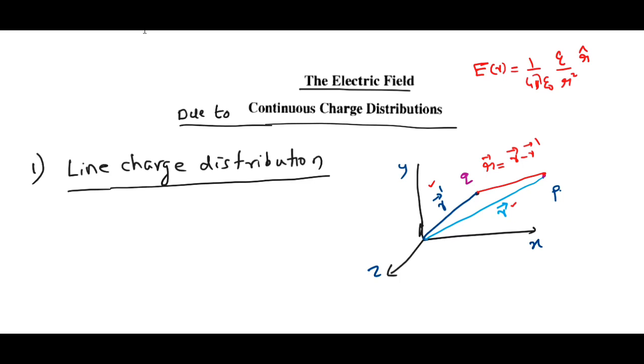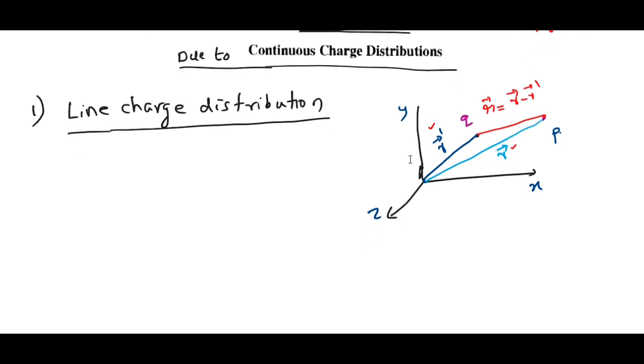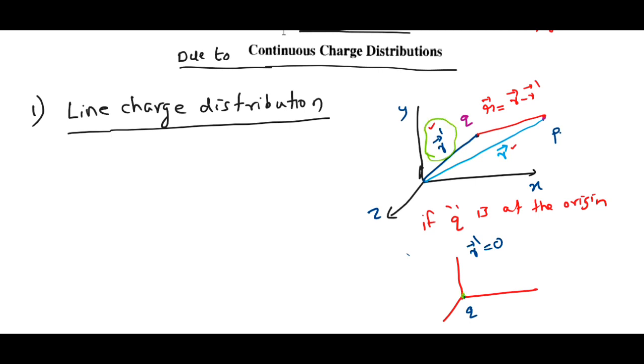Now, if the charge Q is at the center, means at the origin, then the separation vector r prime is equal to 0, that is, this quantity is 0, therefore the charge is situated at the origin. Then the point of interest P is at a distance r, that is, this r in this figure.